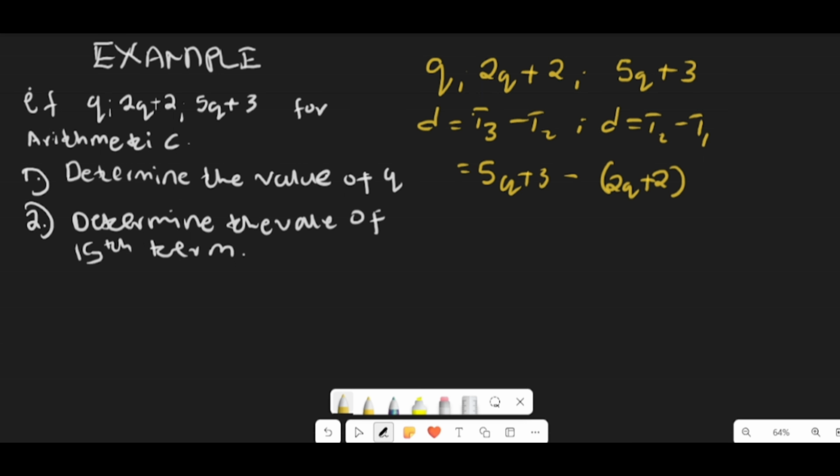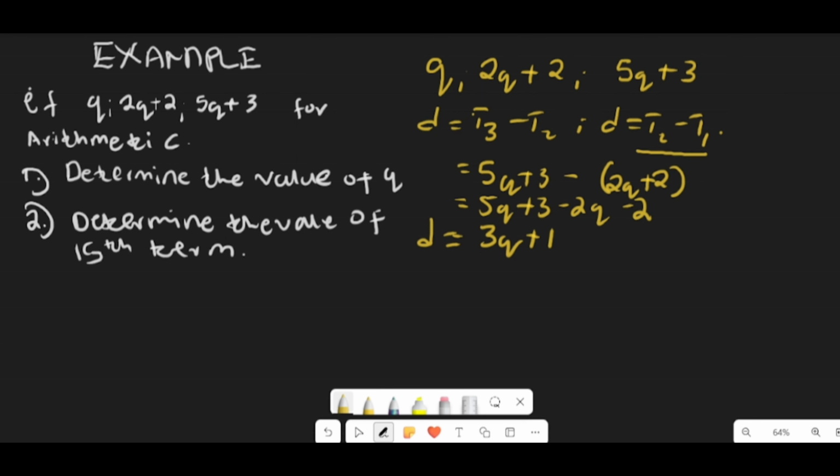Okay, we multiply throughout by a negative: 5q plus 3 minus 2q minus 2. Therefore, this is going to give us d in terms of q, which is 3q plus 1. But we are still left with this one here, t2.